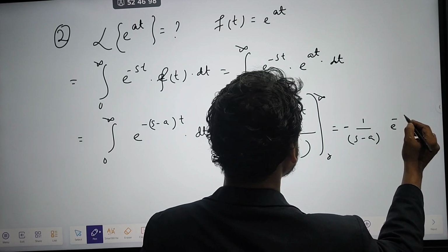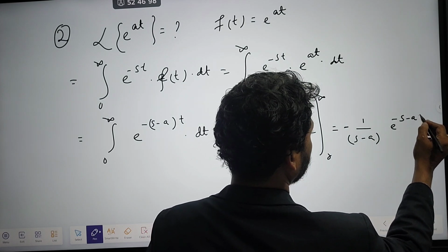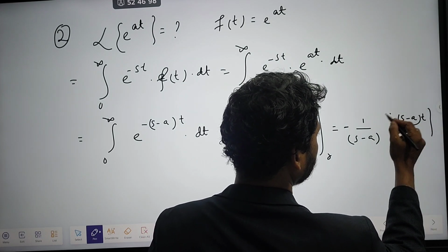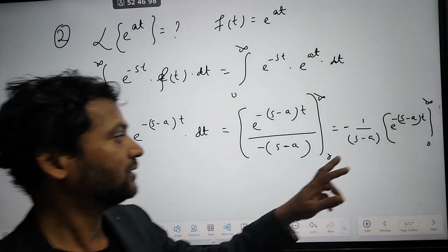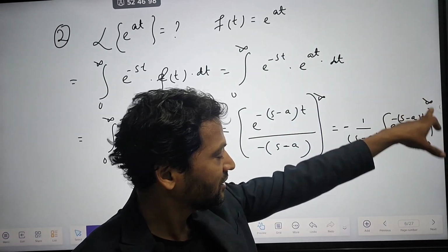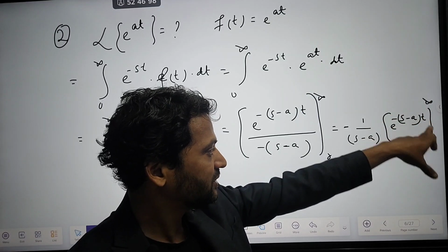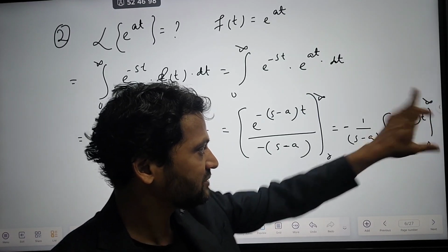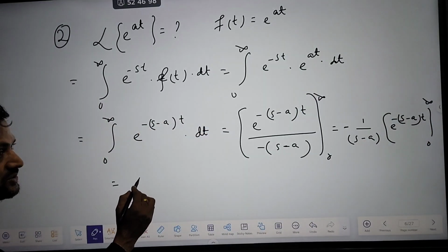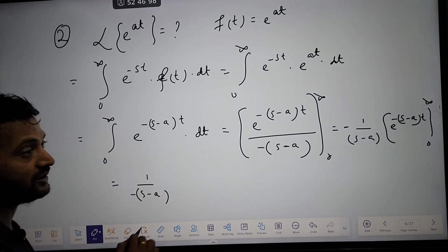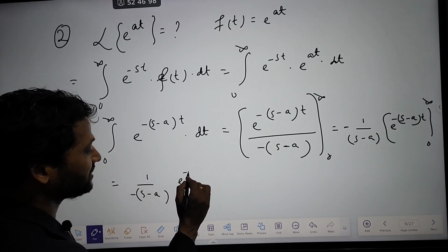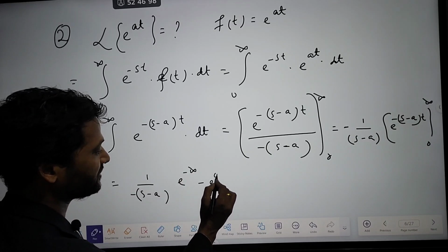देन ये क्या है माइनस a into t. लिमिट क्या है 0 to infinity. Now you know how to put limit here. Put infinity in place of t, then minus of 0 in place of t. So final answer क्या हो जाएगा, 1 by minus s minus a bracket, then e to the power कितना हो जाएगा minus infinity minus e to the power 0.